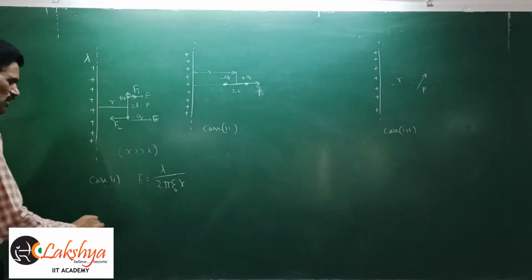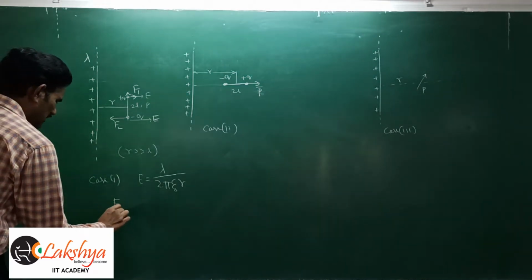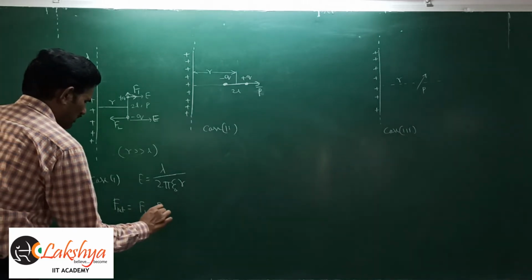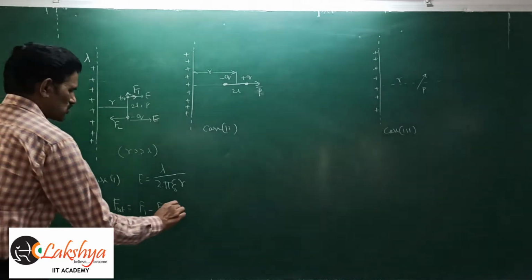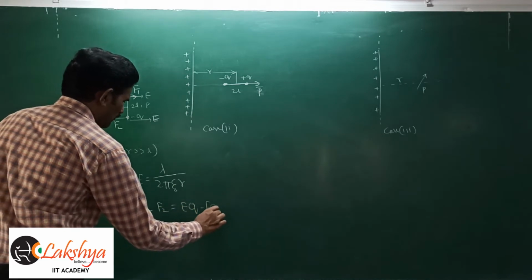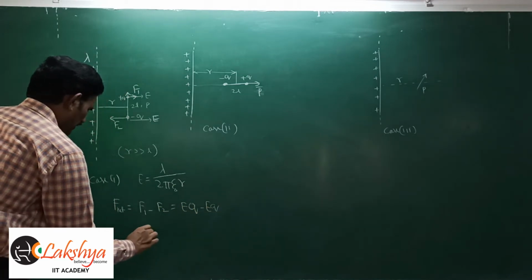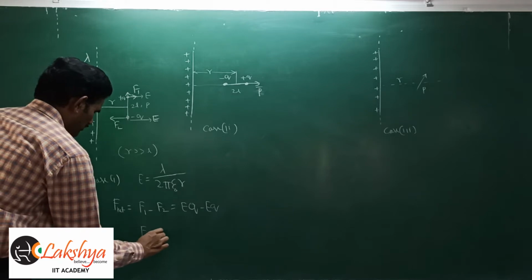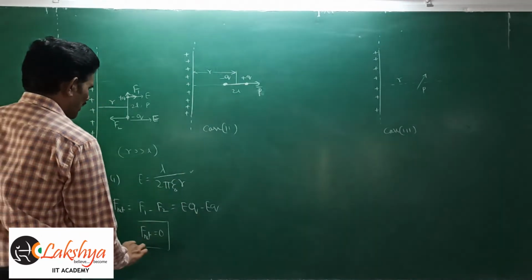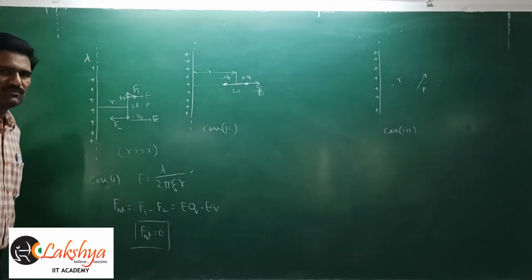Therefore the net force in this case is F1 minus F2, which is E into Q minus E into Q. Since the E value is the same, the net force acting on the dipole is 0 in this case.